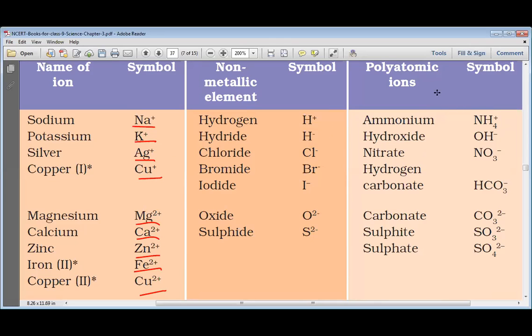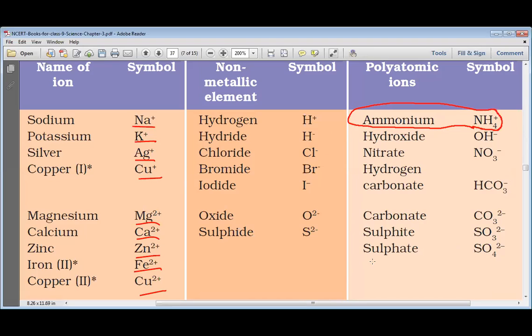Here, if you look at the polyatomic ions, there is only one cation, and that is known as the ammonium ion. All the other ions, if you look carefully, have negative charge, but only the ammonium ion has positive charge. You can see it is negative, negative, negative, minus 2, minus 1.